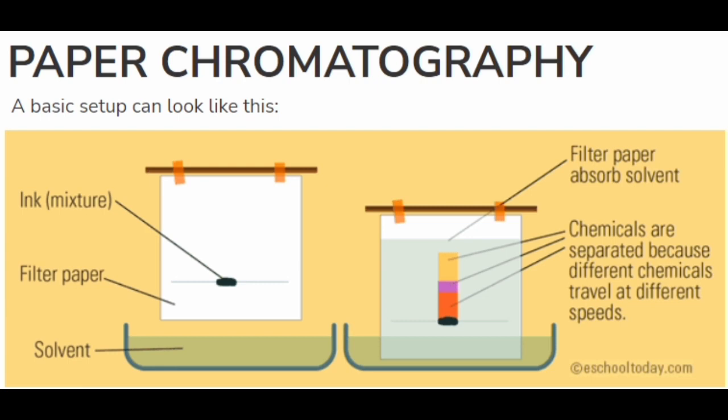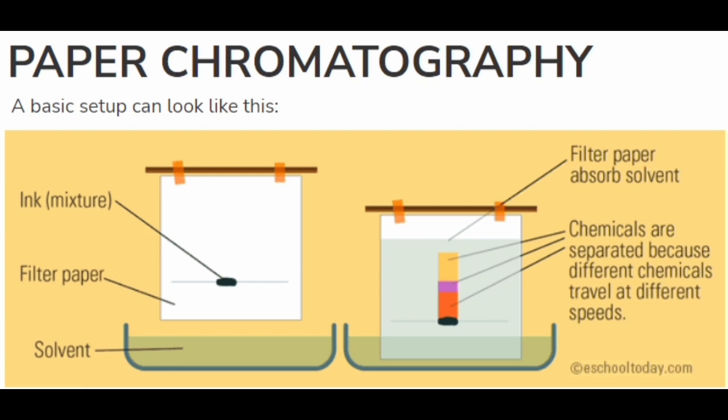Now, the property that enables the separation using paper chromatography is the difference in the absorptive or retentive rates of the components.